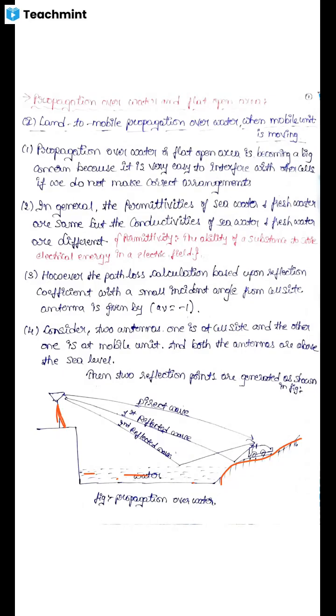Here we are getting one direct wave from the antenna. A direct wave is sent to the moving mobile unit. And here we observe two reflected waves.